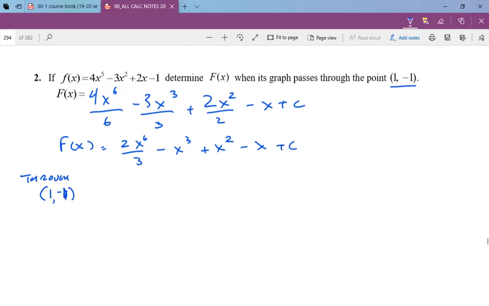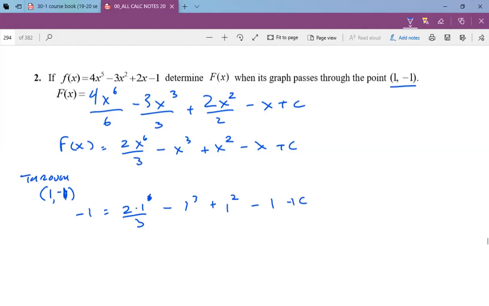And so therefore we end up with -1 is equal to 2 times 1 to the 6 over 3, minus 1 cubed, plus 1 squared, minus 1 plus c.